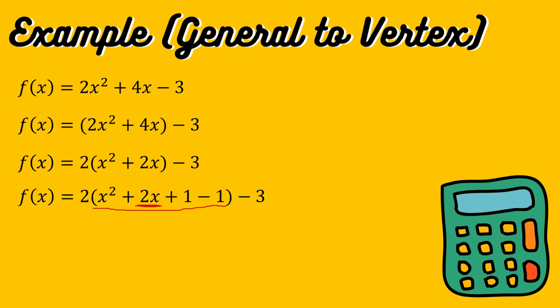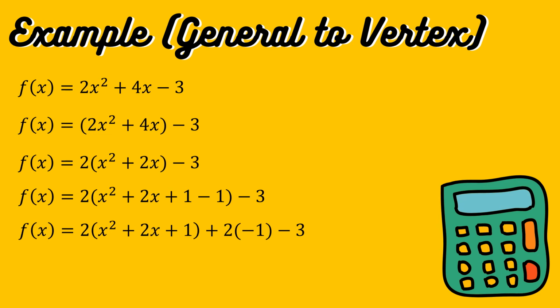So 2 divided by 2 is 1. And then 1 squared, which is 1. So you have to write its positive value and its negative value.